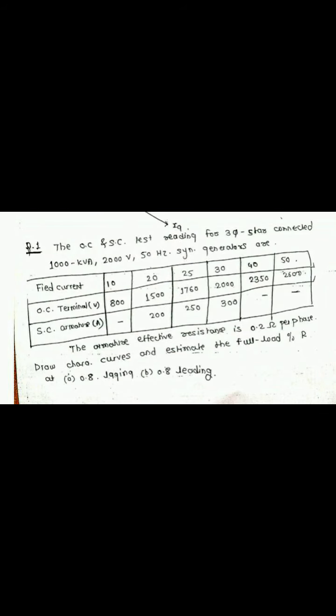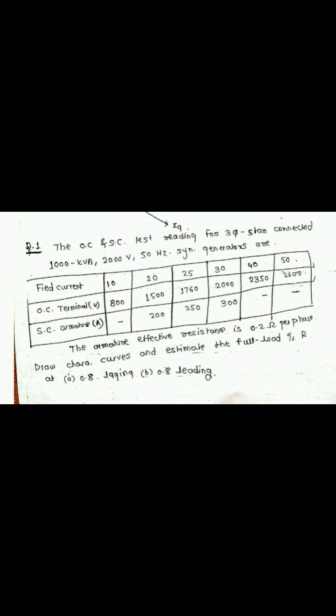The open circuit and short circuit test readings for a 3 phase star connected 1000 kVA, 2000 volt, 50 hertz synchronous generator are as follows. The field current values are 10, 20, 25, 30, 40 and 50 ampere. The open circuit terminal voltages are 800, 1500, 1760, 2000, 2350, 2600.